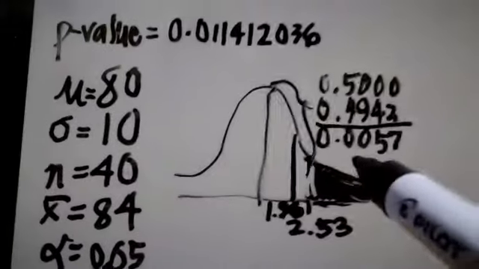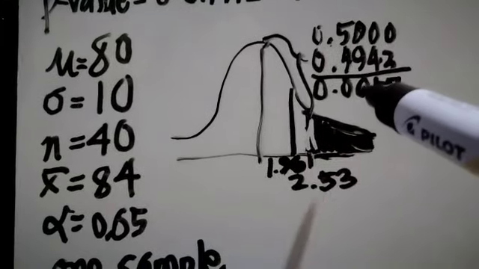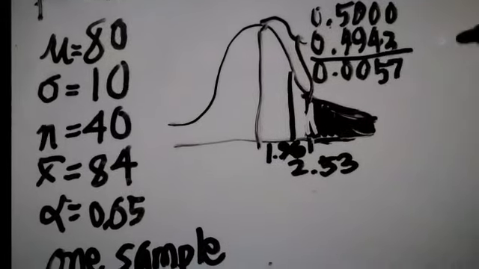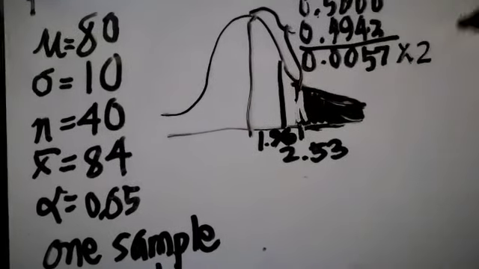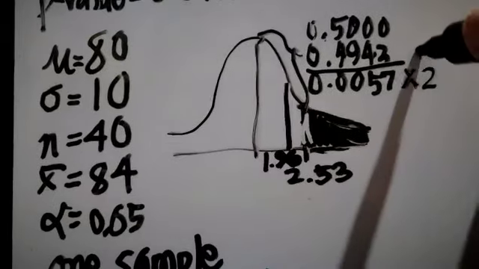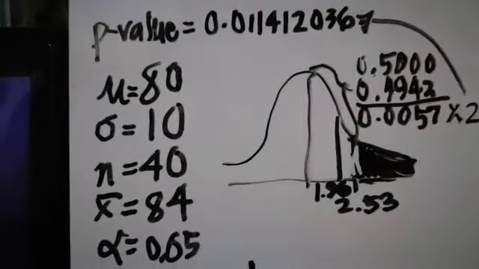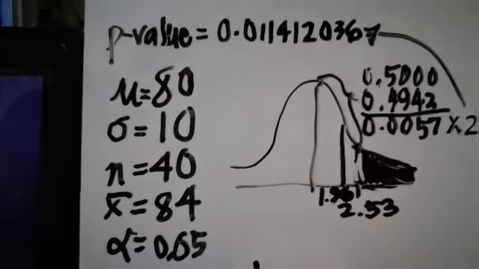Oh, miss, is it the same as our p-value? No. Since we have a two-tailed test, then we have to multiply this by 2. If you try multiplying this by 2, then you will get the same value. So that is how we obtain p-value, if you would like to do it manually.